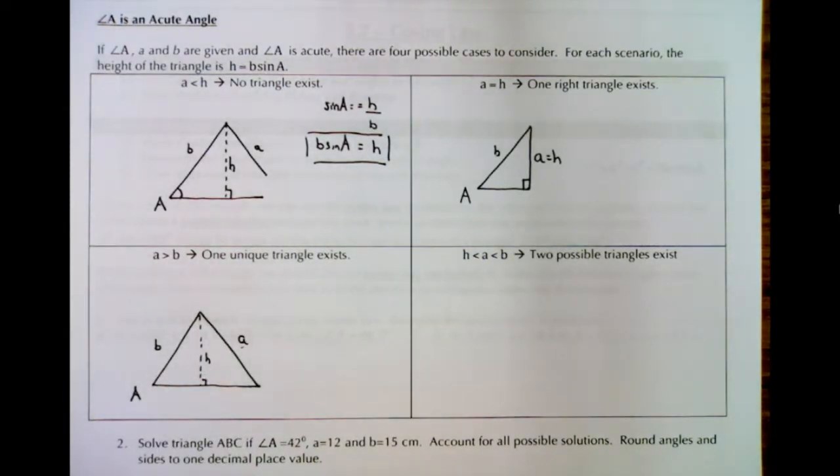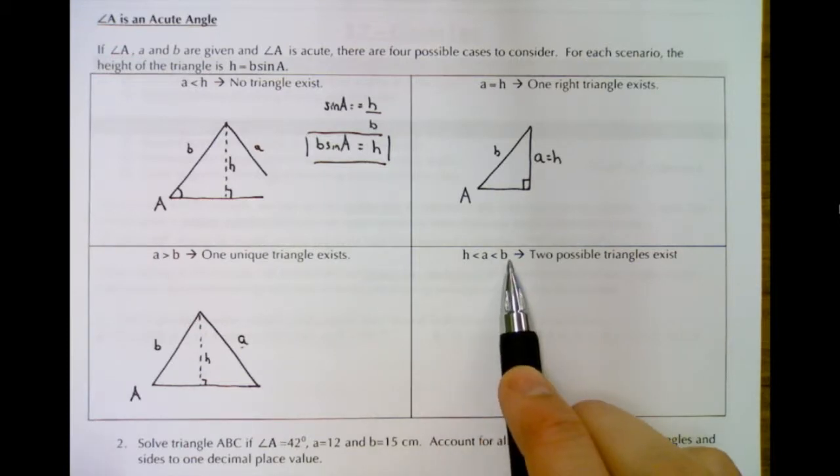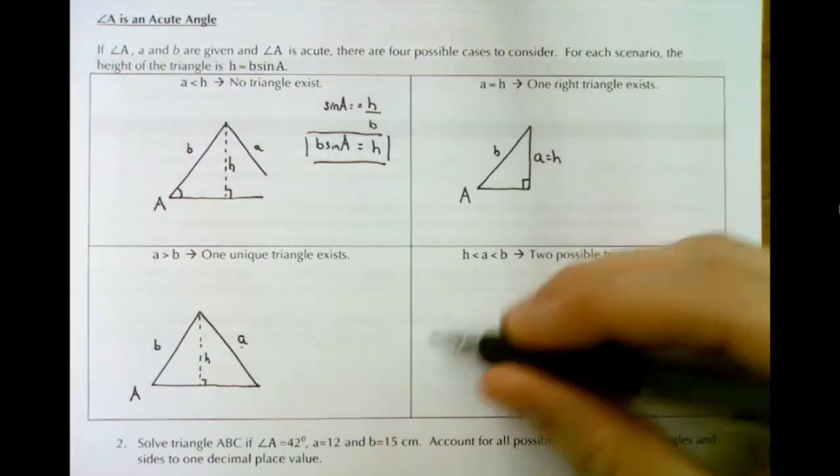The unique scenario we have here is where we get 2 possible triangles. We get 2 possible triangles when the height is the smallest and B is the biggest. So let's look at what this triangle would look like. Here's one scenario.